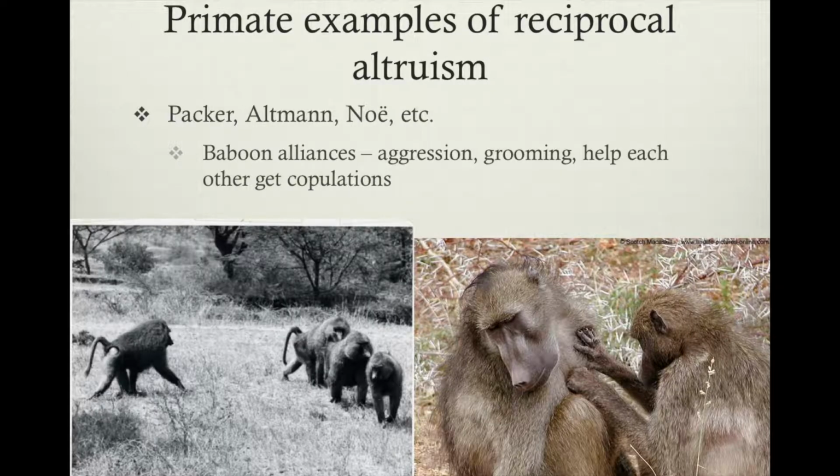So we've got an abundance of primate examples of reciprocal altruism as well. A number of researchers, including Craig Packer, Jeanne Altmann, etc., have studied baboon alliance formation. Now, baboons, particularly males, will use alliances for two avenues. One of those is helping each other through rank acquisition or helping each other among bouts of aggression.